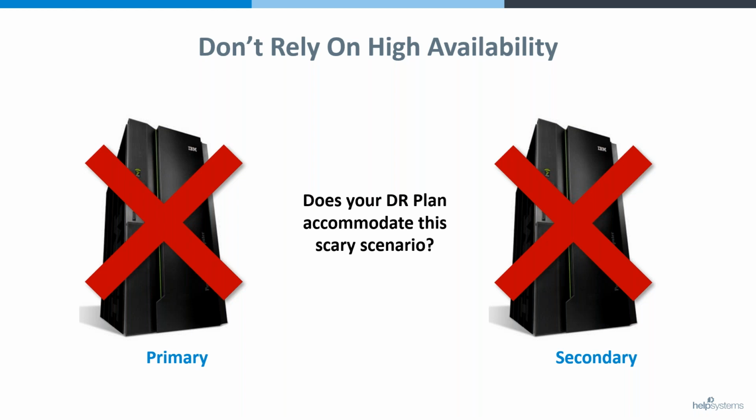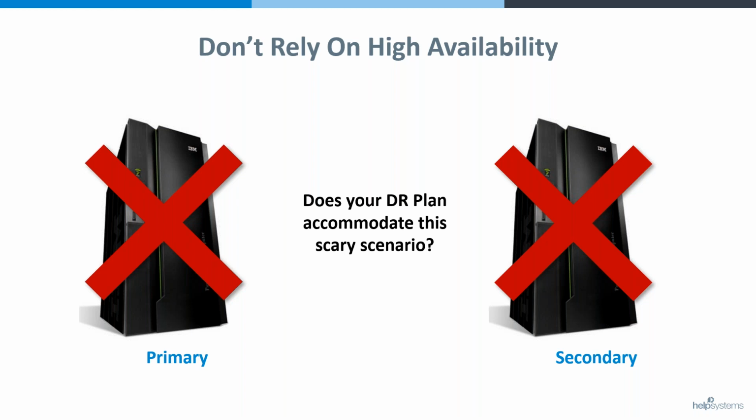So if I delete a file from the primary, or I infect a file on the primary, a split second later, high availability will take care of infecting or destroying the system on the secondary side. And there's a question that I always ask people, whether the DR plan that you have accommodates a scenario whereby both the primary and the secondary go offline for the same reason at the same time. And I rarely get an affirmation that it's covered that, right?